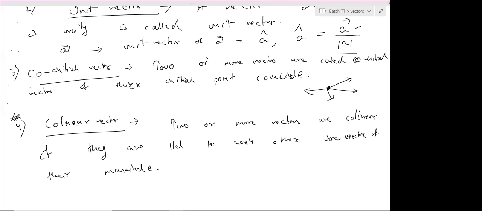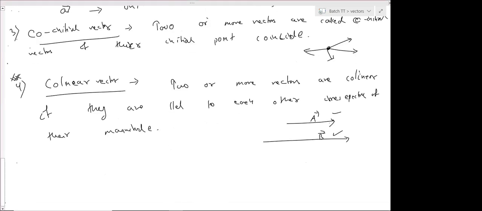Right? If a vector is like this, another is like this. If their direction is parallel, then we can say they are collinear. We do not care about the magnitude of collinear vectors. All right, equal vectors.